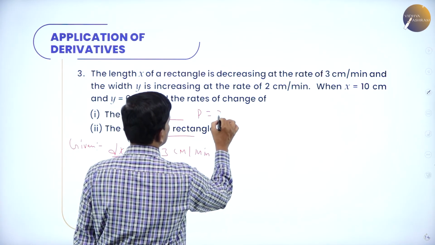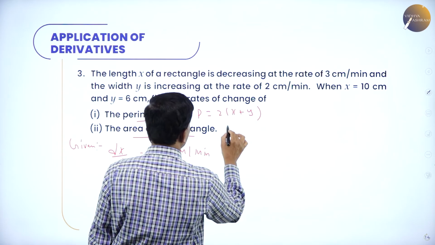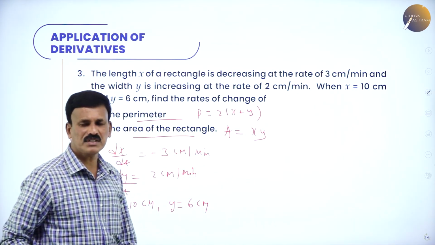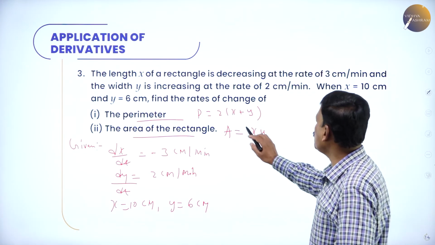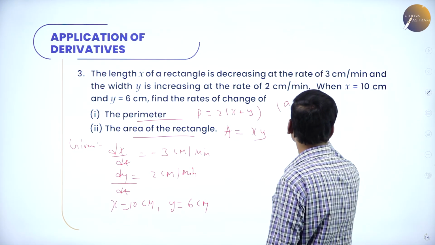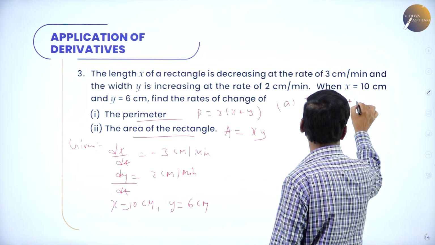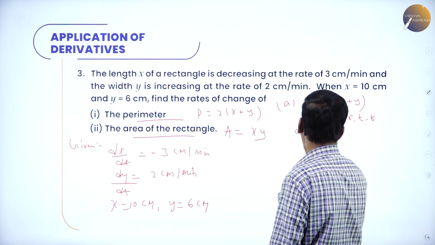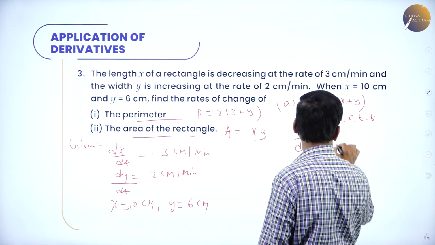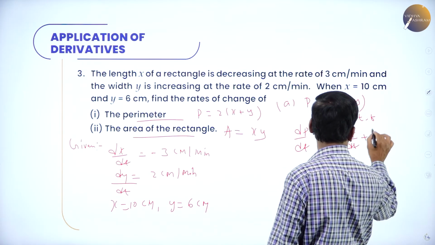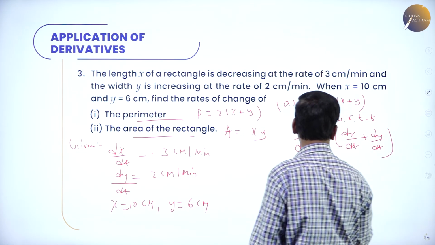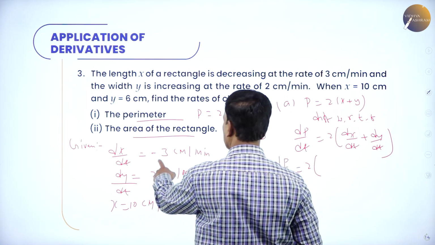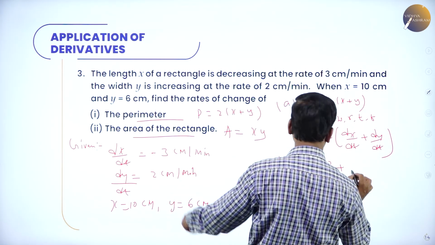The perimeter P is equal to 2 times (x plus y), and the area of a rectangle is equal to x into y. Let us simplify this. Let us come to the perimeter first. P is equal to 2 times (x plus y). Differentiating with respect to t, dP by dt is equal to 2 into (dx by dt plus dy by dt). Substitute the values. dP by dt is equal to 2 into (minus 3 plus 2).